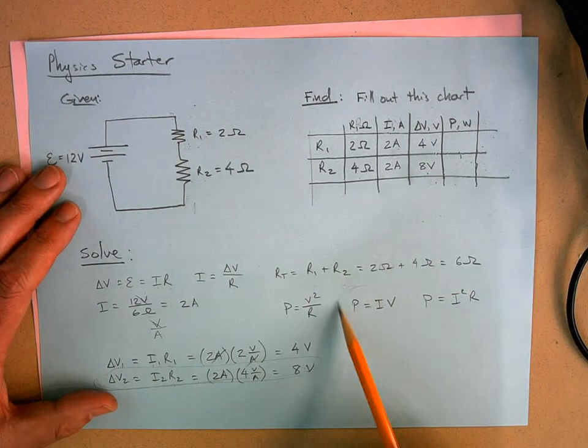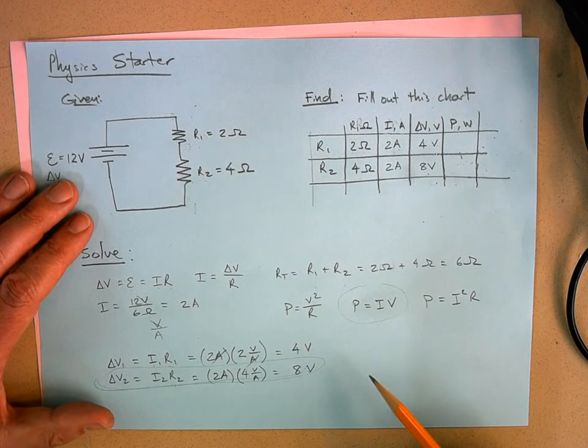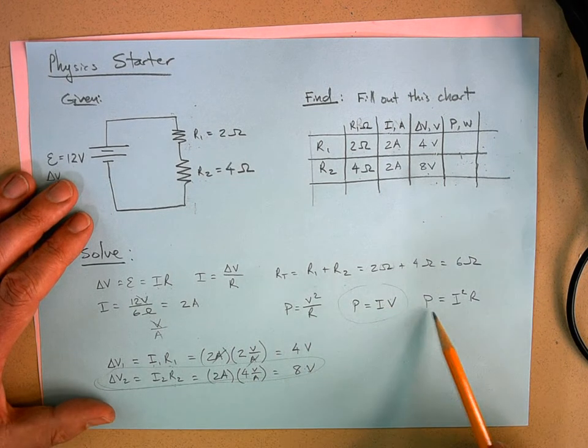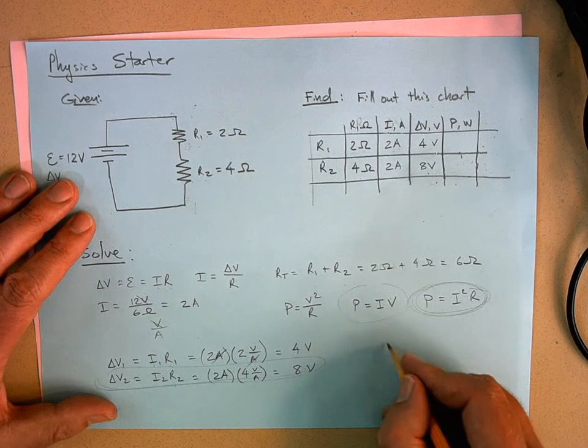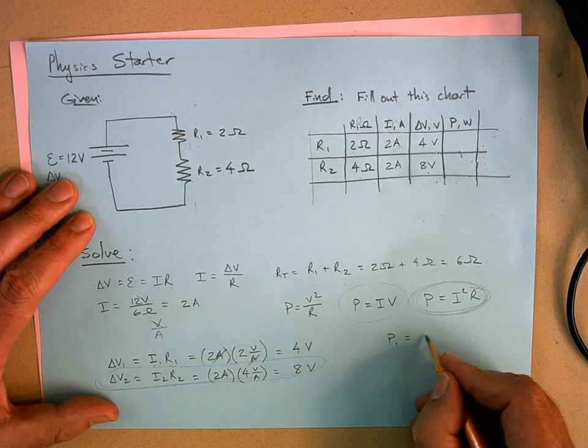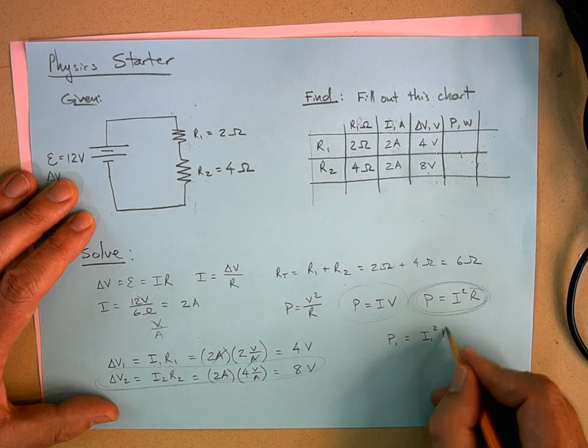This is like the power that comes out of the battery. We'll talk about that in a minute. But let's use this one. So P1 is equal to I1 squared times R1.